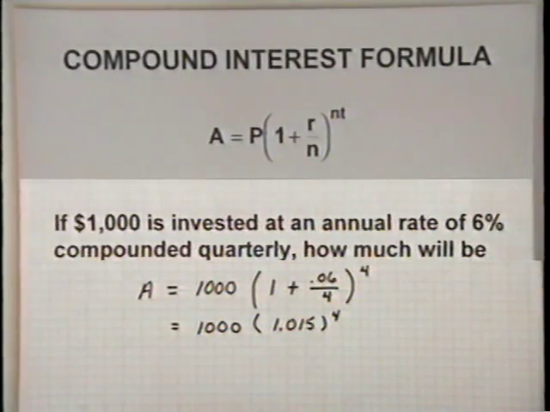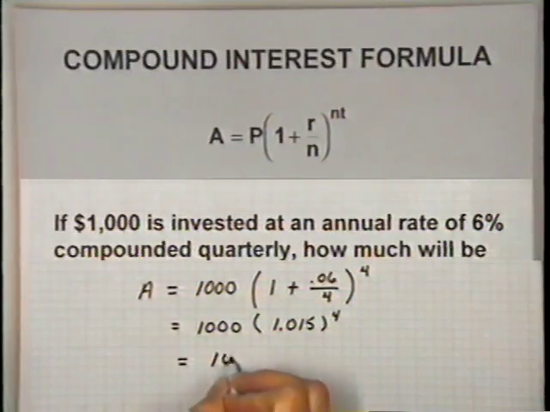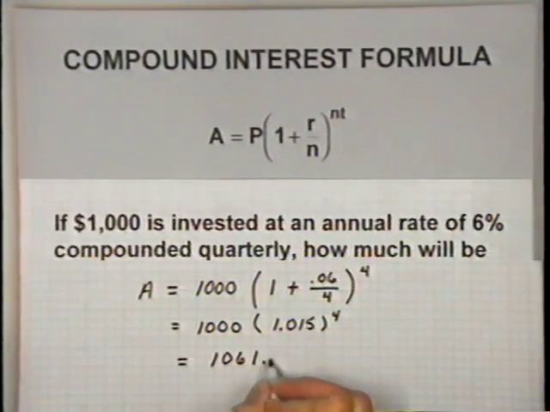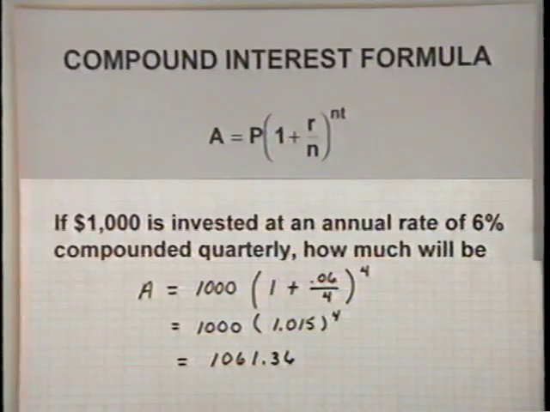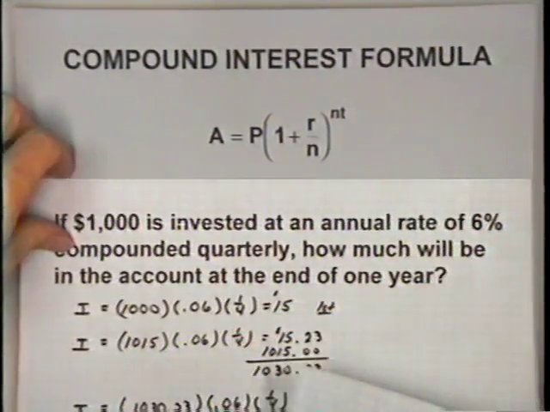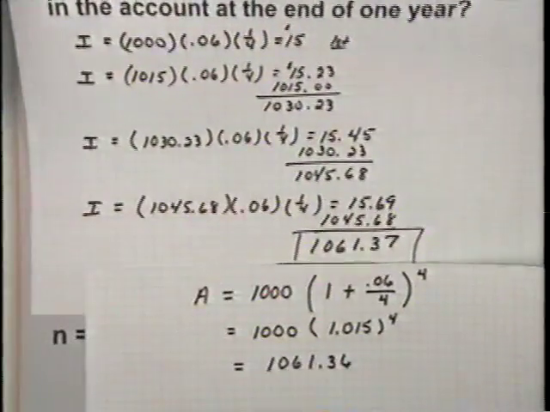So I have 1.015 in my calculator. I'm going to use my x to the y key and put in an exponent of 4. I'm going to hit equal to complete that, and then I'm going to multiply. Notice this says times my 1,000. And what I show here on my calculator is 1061 and 36 cents, $1,061.31.